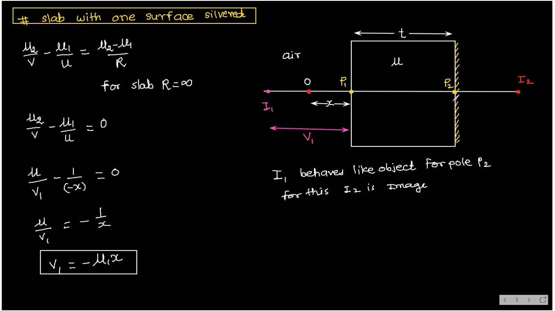This is the object for this P2. Can you do it yourself? P1 plus T, right? So if we look at P2, see what comes. I am just giving you the answer. You can try after this.